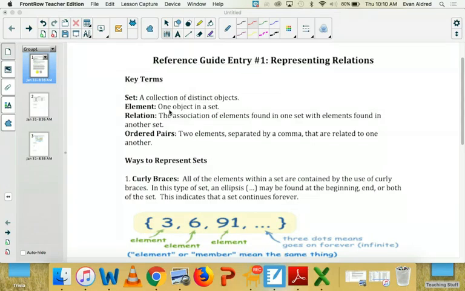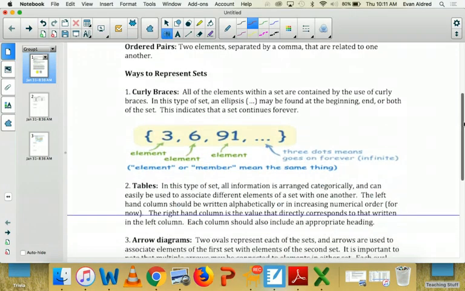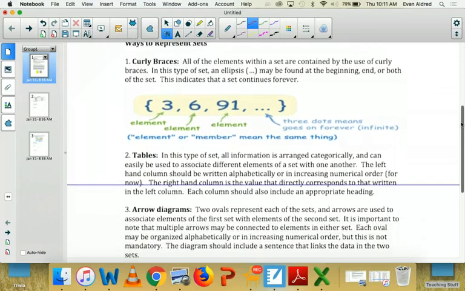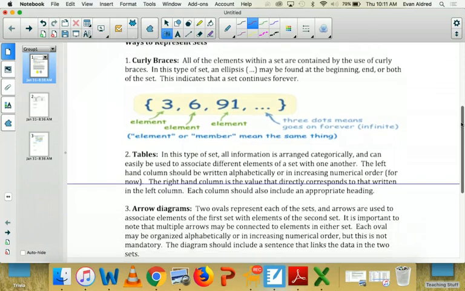Now there are 3 ways we're going to represent sets in this reference guide. The first is with what are called curly braces. Curly braces are just these things right here. They're kind of like brackets, but not quite the same. Curly braces contain the elements within a set.